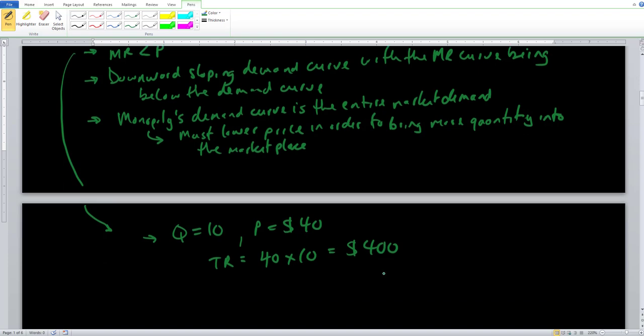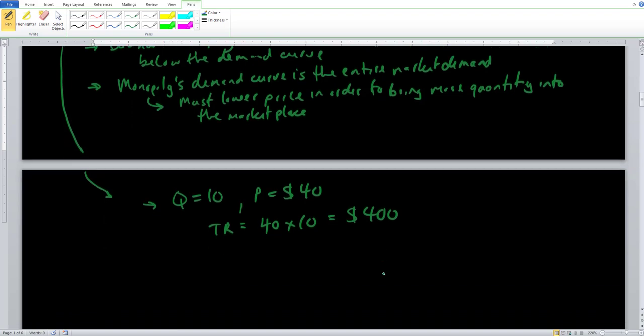If we want to bring out one more unit of this particular good, remember the monopolist has to lower the price, so therefore the price is now equal to $38. So Q equals 11. The price is now equal to $38. And when this is true, how much does our total revenue equal? Price times quantity, so $38 times 11. This will give us $418. So $418 worth of total revenue when the monopolist sells 11 units of this good.